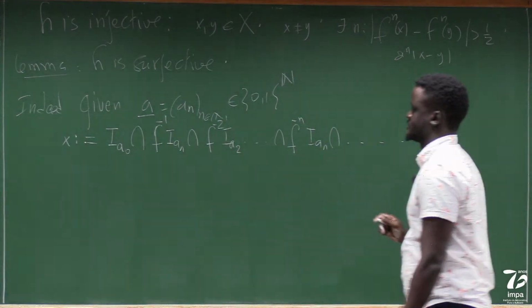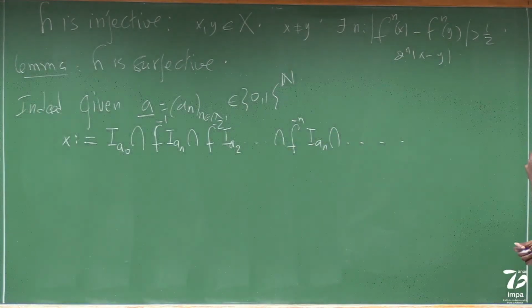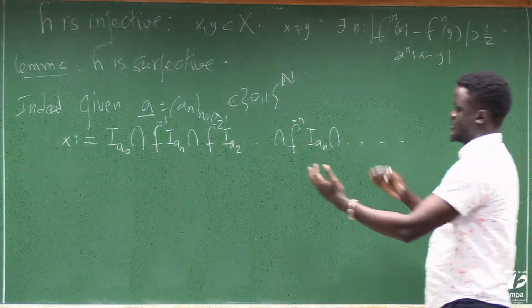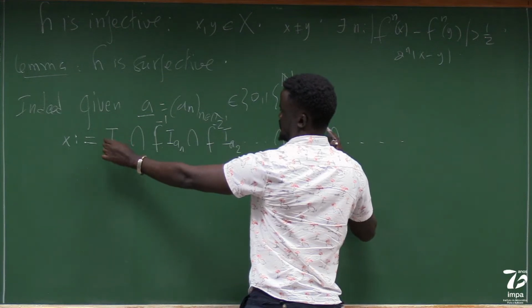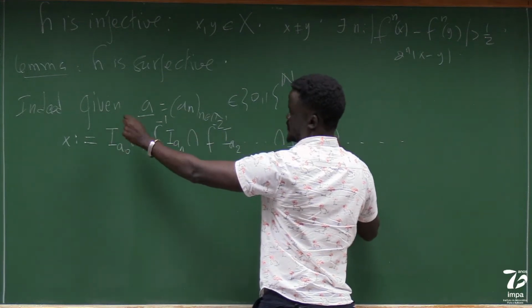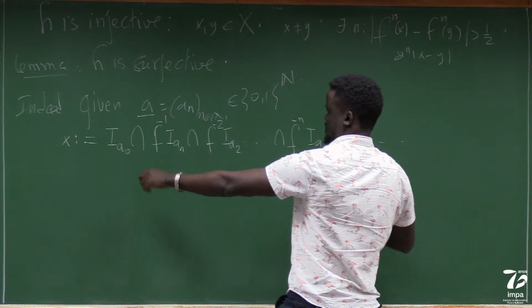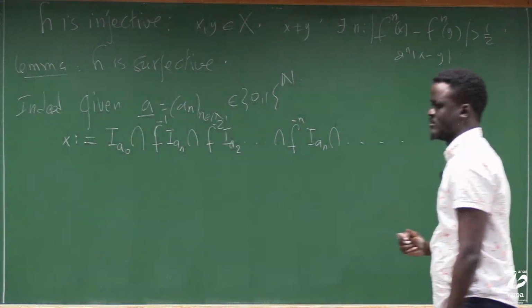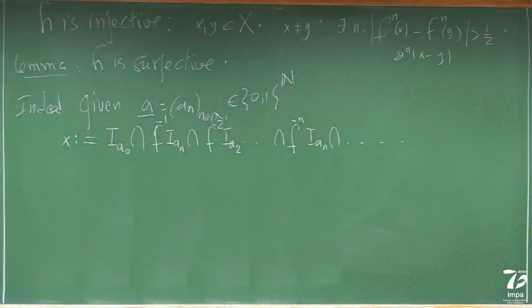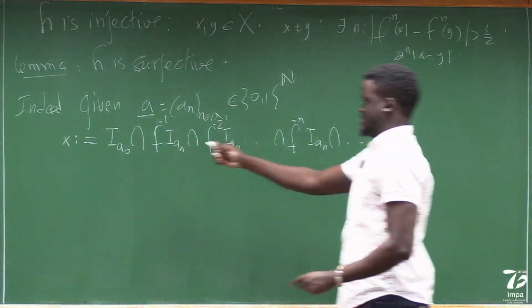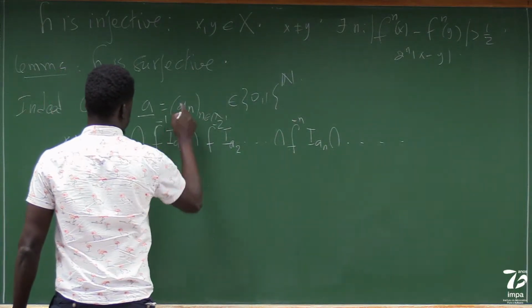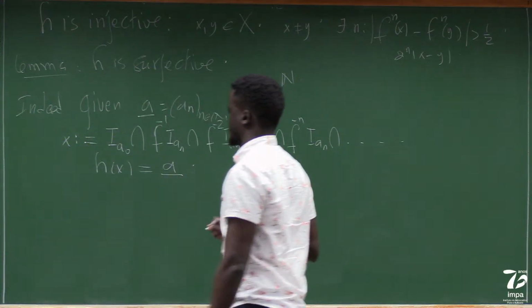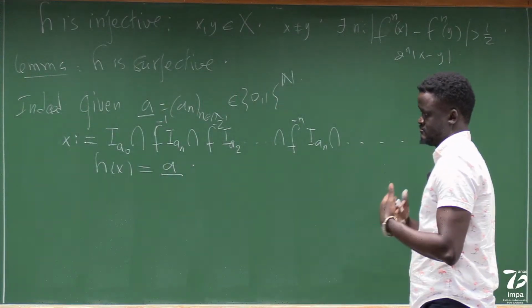You keep going. When you stop at n, you have an interval of size 1 over 2^n. You can see that the limit is converging to a single point, and this point satisfies h of x is this sequence. So h is surjective.